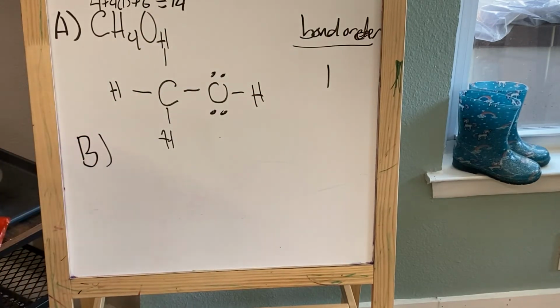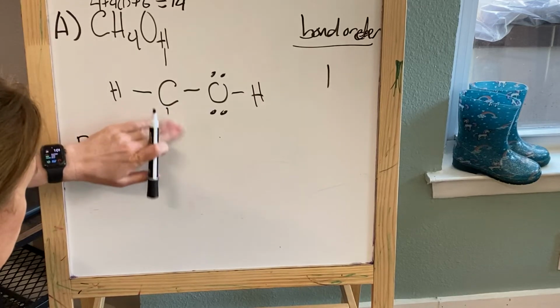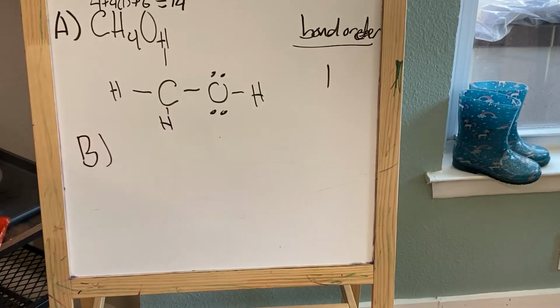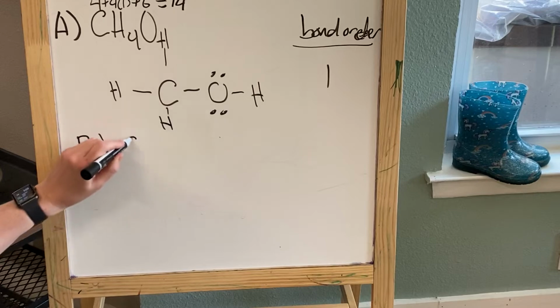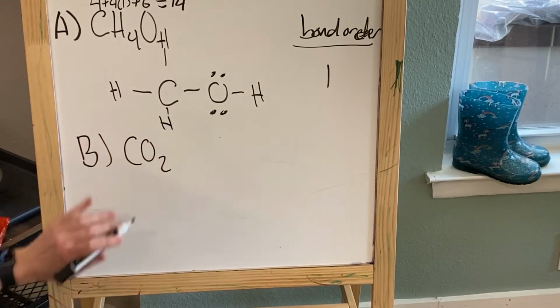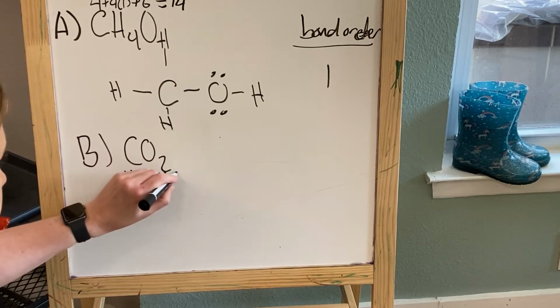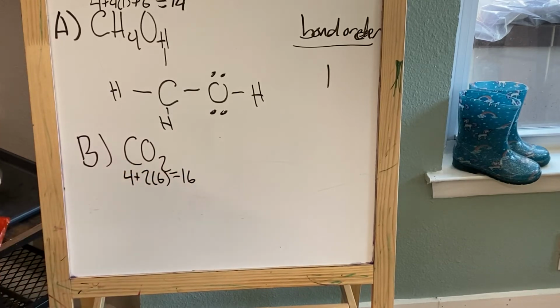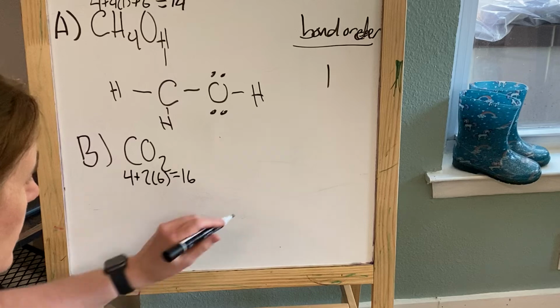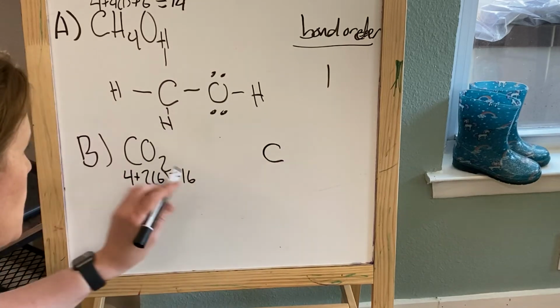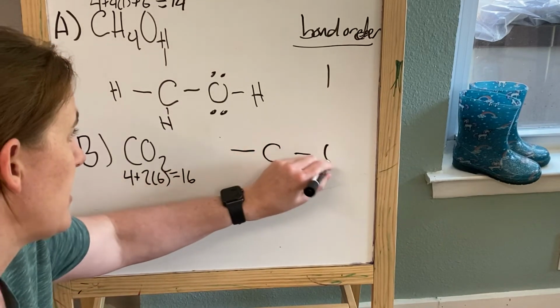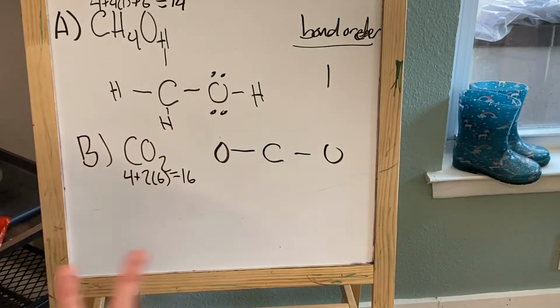All right, B, let's go ahead and look at carbon dioxide. We also did this in another video. I'm gonna move this hydrogen up a little bit just so I have some more space. So carbon dioxide is CO2. As we draw it out, there should be 4 plus 2 times 6. So that's 12, that's 16 electrons. If we go through and draw carbon out, again, carbon likes to make 4 bonds, but there's only 2 oxygens. But that's okay, I just told you up here, oxygen likes 2 bonds and 4 dots on it.